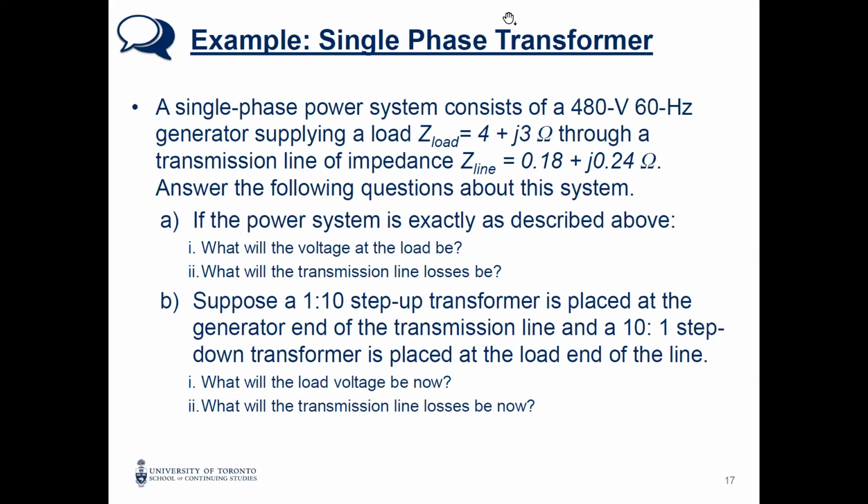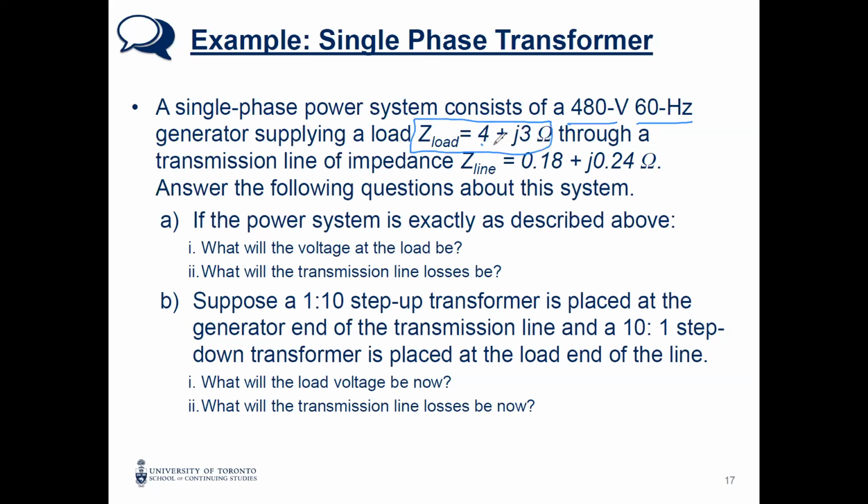This example is important to show some notes. It's a solved problem in our textbook regarding the single phase transformer. So you have a system of 480 volt, 60 hertz, and you have a load impedance.